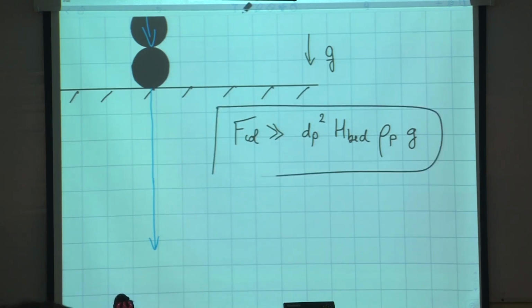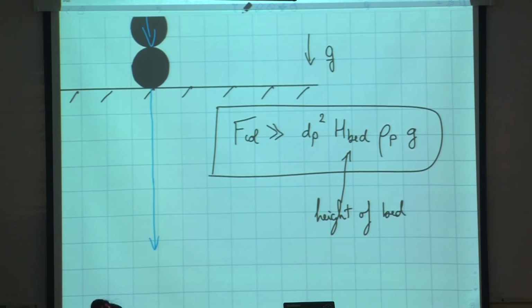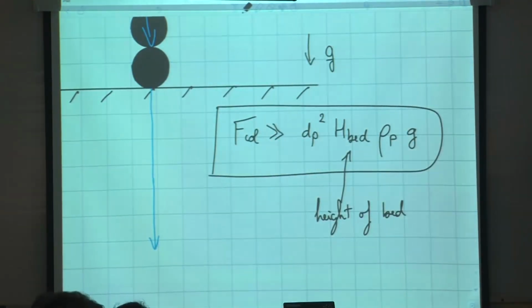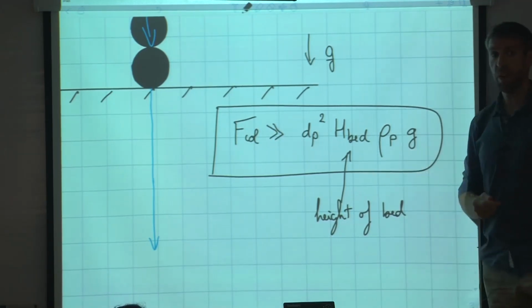This here is the height of the bed. So now we're realizing that it's not that easy. We essentially argued that hard spheres are not going to be able to do this. It's not going to be easy for soft spheres either.